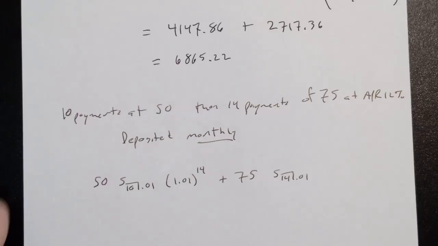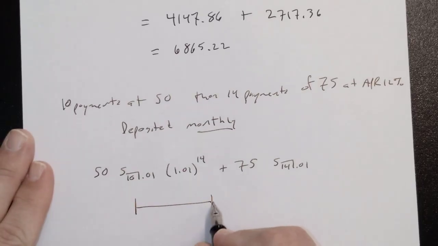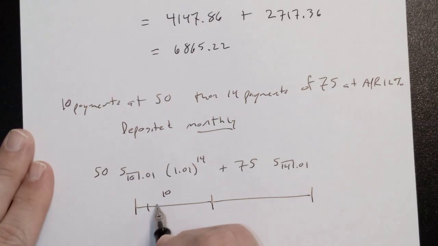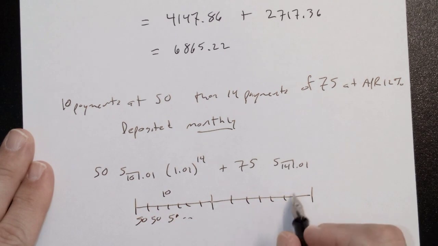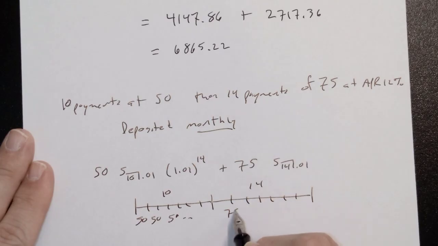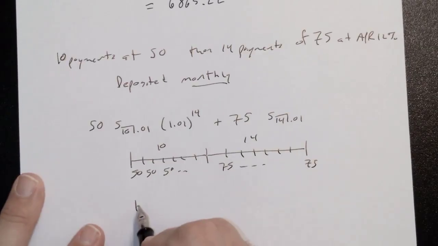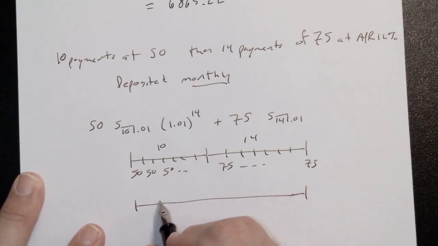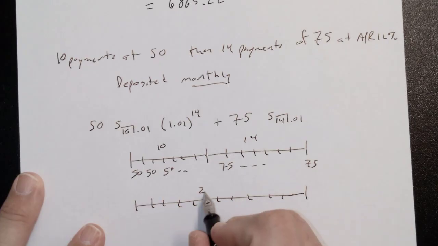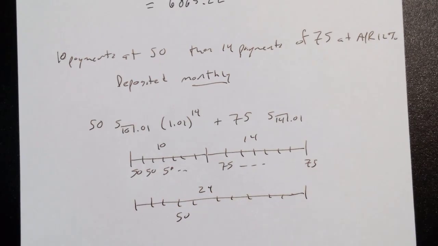So instead of thinking of this as 10 deposits of 50 and then 14 deposits of 75, I could instead think of it as 24 deposits of 50 and 14 deposits of 25.